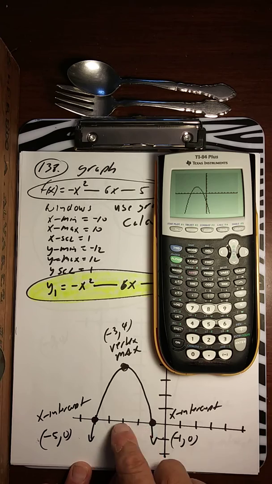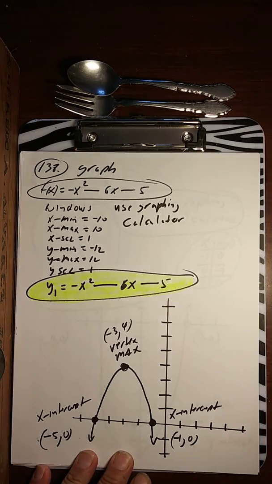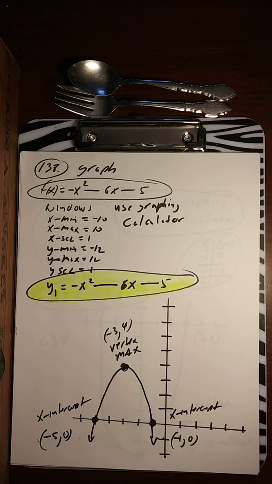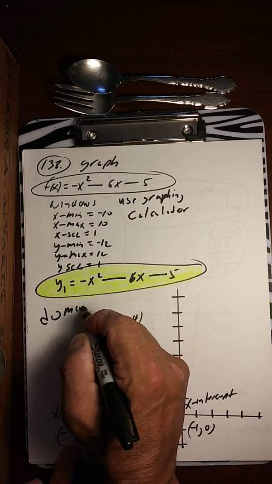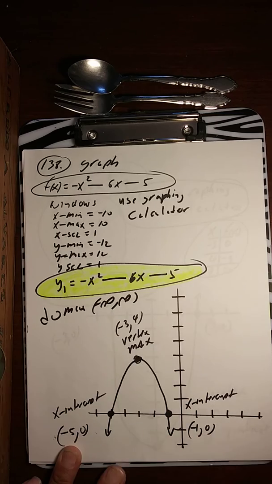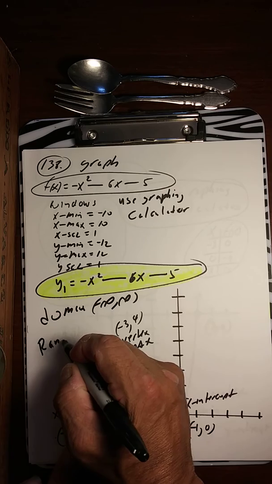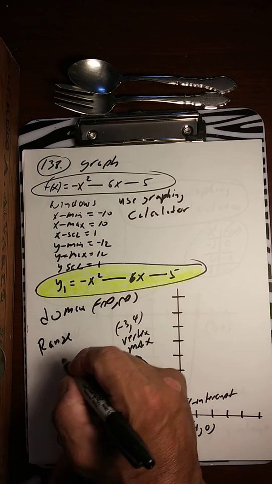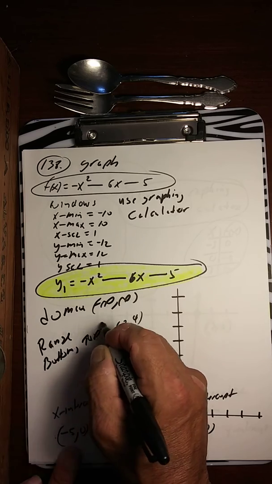Okay. And we have vertex, x-intercepts. Again, what is the domain and range of this stuff? Okay, let's do that right now. So the domain for this one is -infinity to infinity, goes this way. And the range is the bottom and the top.